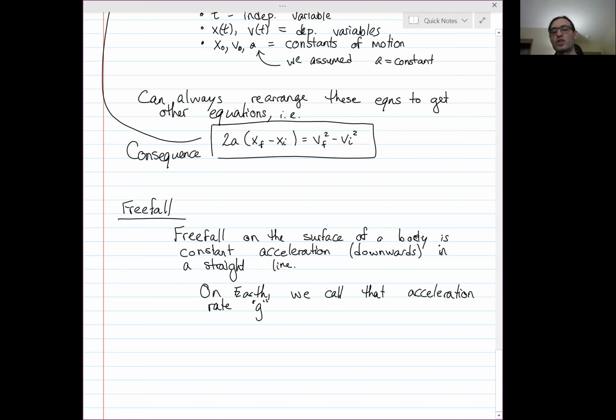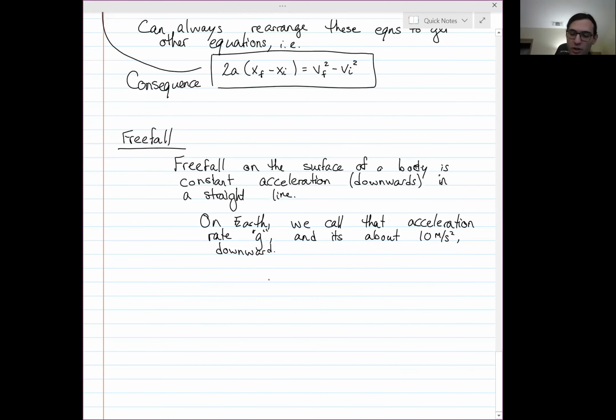The amount of acceleration on Earth is just called the letter g. And it's about 10 meters per second squared downward. Of course. So g, the vector, the magnitude of that vector is 10 meters per second squared.